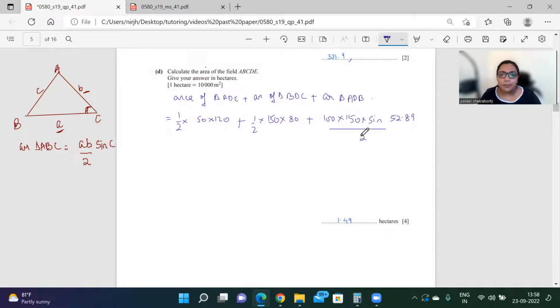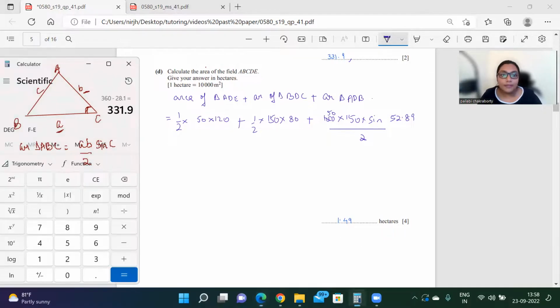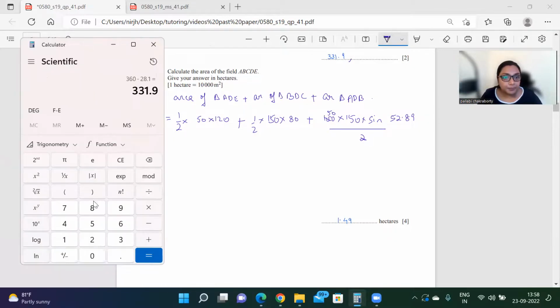So I'll simplify a little bit over here itself so that we do not have to do a lot in the calculator. So 2 and 100 will become 50. So you have 50 times 150 times sine 52.89. So first let's find the value of sine 52.89. So you write down 52.89 and find the sine value of it, which is 0.79, right?